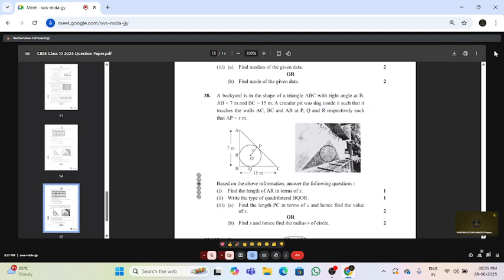Find the length of AR. Use your geometry theorems and try to determine the value of AR. Try for some time, okay?